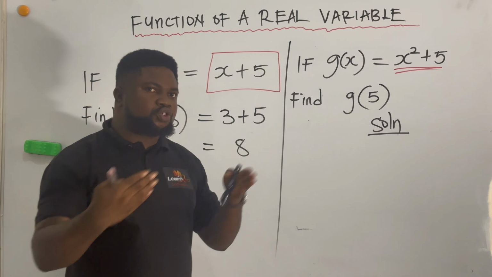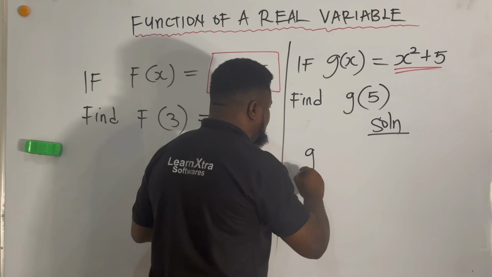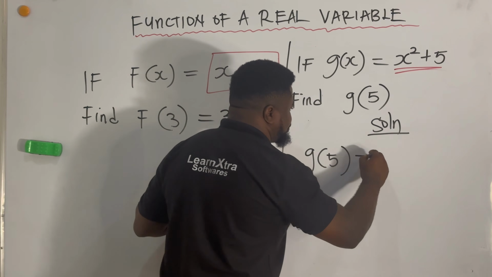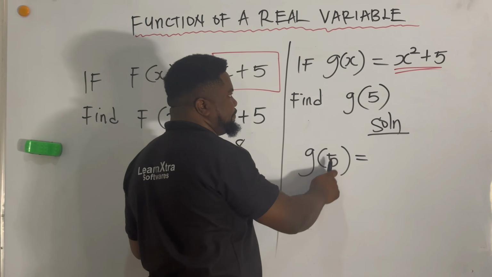So when the input goes inside, what happens? g of 5 is going to be, our x is what? 5. 5 is the input.